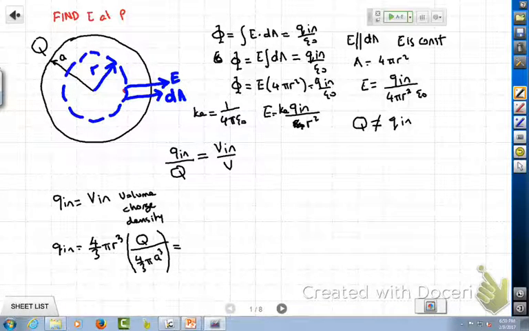So this equals, let's cross out what we can. The 4/3 goes away, the pi goes away, and I'm left with Q times r cubed over a cubed.